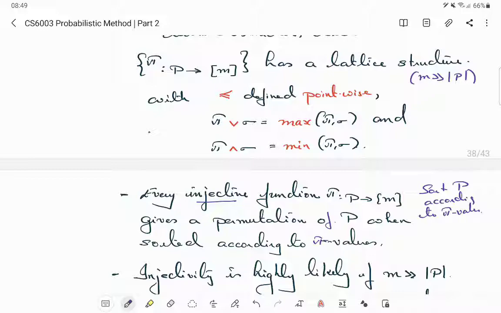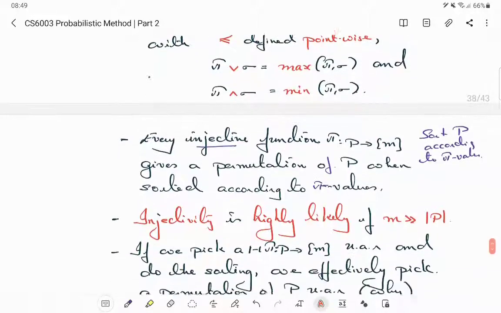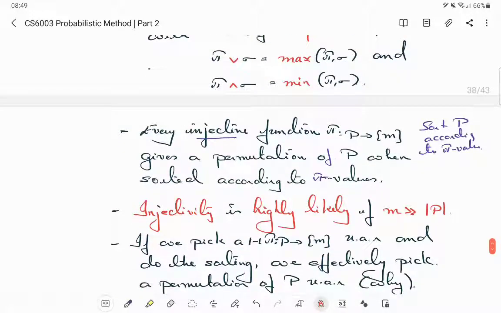And if M is very large, as is the case that we are going to consider, then injectivity is highly likely. We are still not saying it is guaranteed, but it is highly likely. In fact, at the end of the proof, we will take the limit as M goes to infinity, so that the non-injectivity probability tends to 0, or the injectivity probability goes to 1.